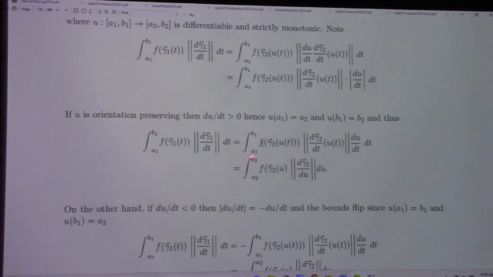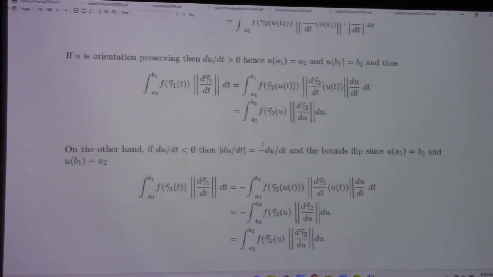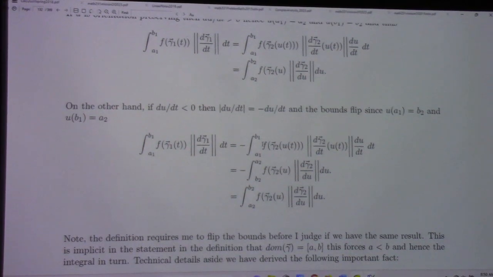But anyway, so we're changing the bounds. We change the bounds, right? Lo and behold, that is exactly the scalar integral with respect to the second parameterization. So we change the parameterization, we still get the same integral. Yay. But what if it was orientation reversing? How does this calculation go? Well, if it was orientation reversing, then you get a minus from the absolute value.